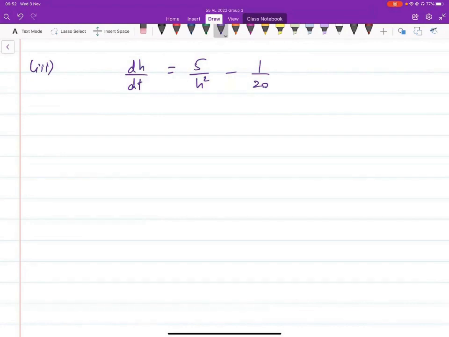There's no t term as such, so we have to take h only to the left side, but it should also be in multiplication form. If I bring dt here, dh equals 5 over h square minus 1 over 20 dt. How do I take the h term on the left side?